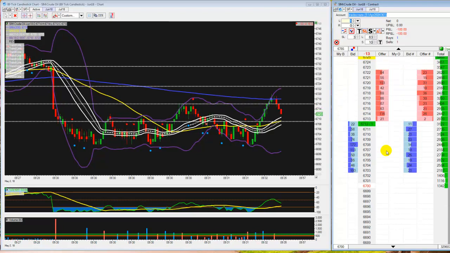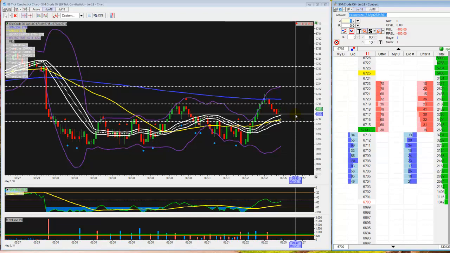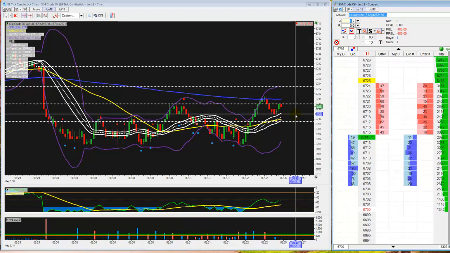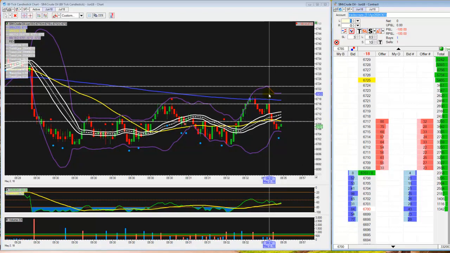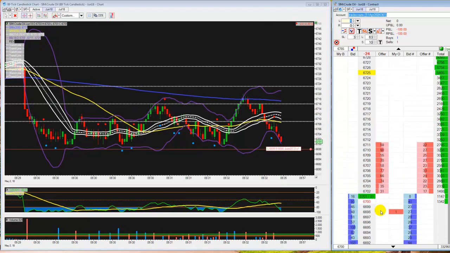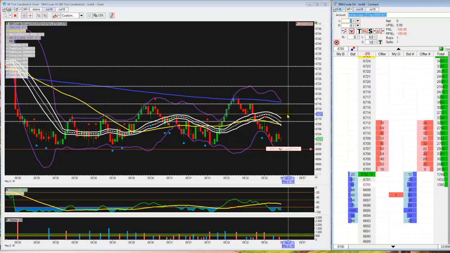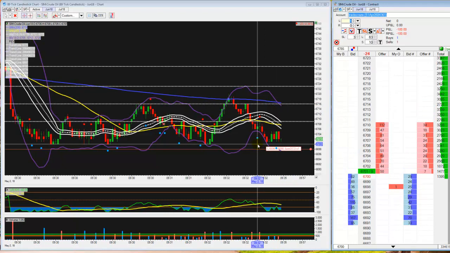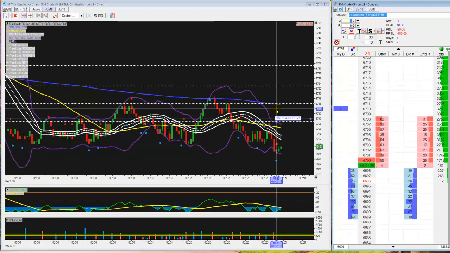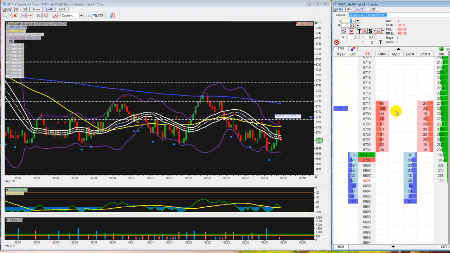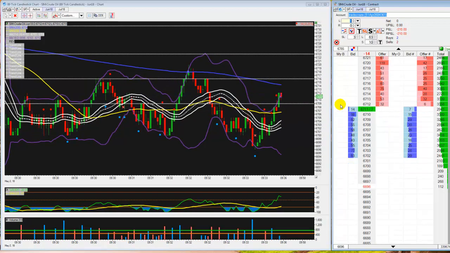Well, it's not going to be a one trade win today. Went up to 21. Fourth time down here. Shit.